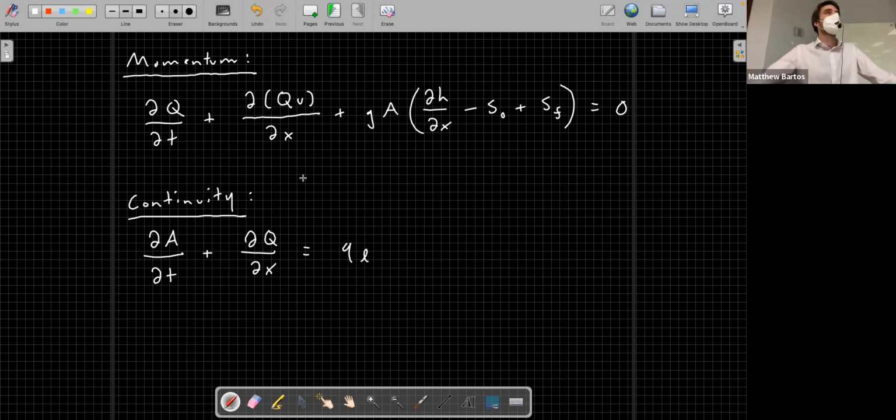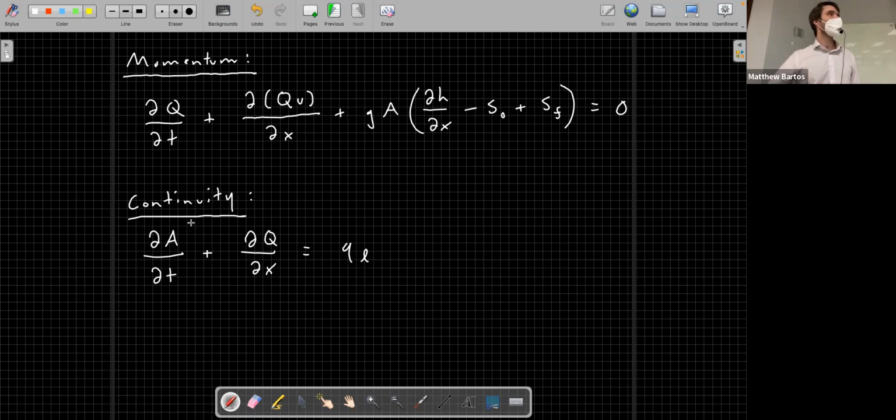Okay, so let's take a pause there for a second. I know that was probably a lot. But what we have here is a set of equations that describe open channel flow for essentially any case you can think of. So no matter whether it's varying in space, varying in time, no matter whether you're looking at gradually varied flow, rapidly varied flow, these set of equations will always apply.